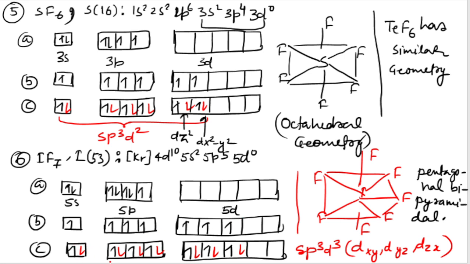Okay, then one electron is shared by this fluoride ion to form the covalent bond, and the hybridization for this case is sp3d3, one 5s orbital, three p orbitals and three d orbitals. Here the involvement of d orbitals is dxy, dyz, dzx. Okay, so the geometry is pentagonal bipyramidal geometry.